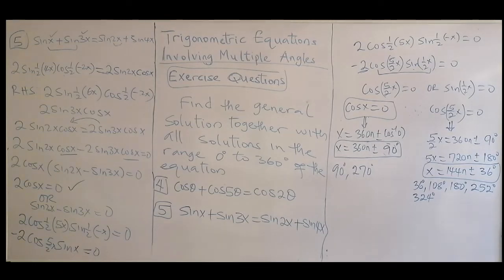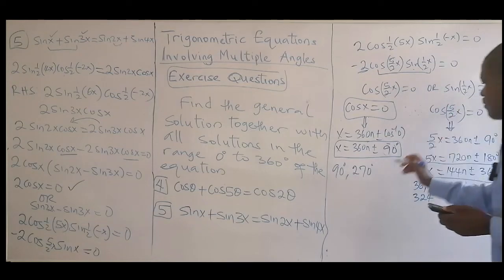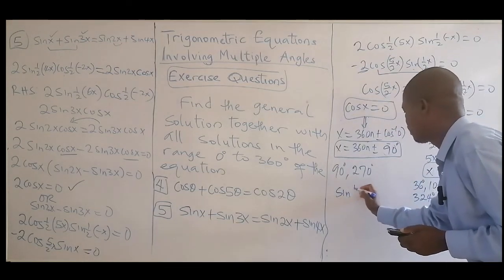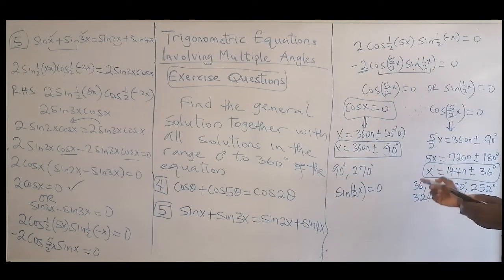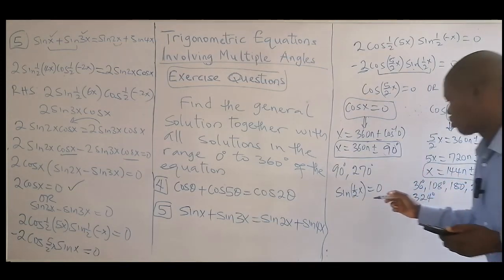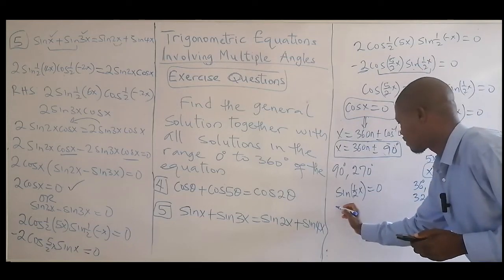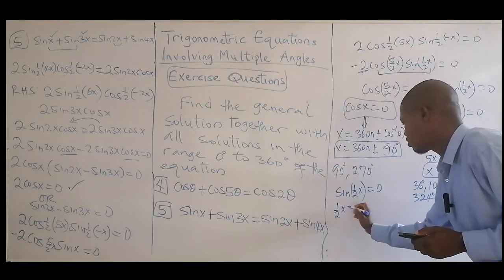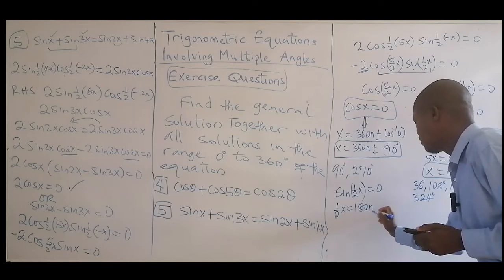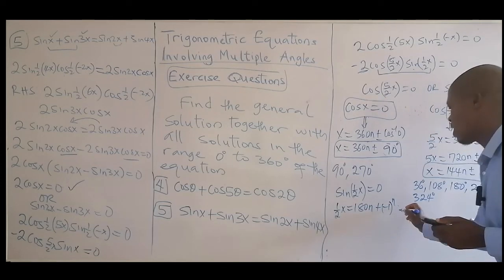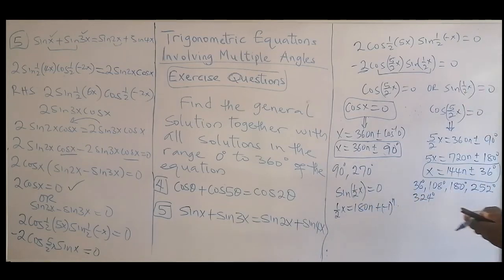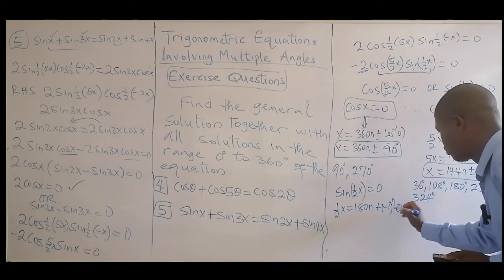And the last one we have now is this, arcsine half x equal to 0. The general equation for this one will be half x equal to 180n plus minus 1 to the power n, then we need to get the angle theta. This will be arcsine 0, and arcsine 0 is 0. So this one will cancel out.